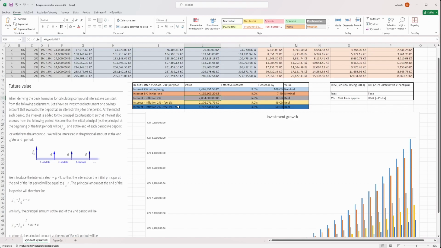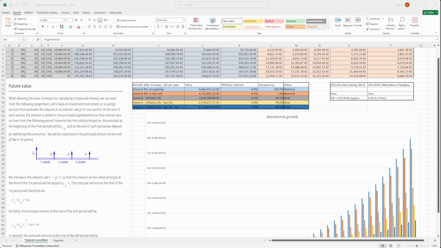And of course, if you add extra fees, which are being charged by a lot of mutual funds, then again, the real buying power will be today's 2,276,000 and so on. But let's check how it looks. Before that, let me show you how you can calculate something like that on the internet.